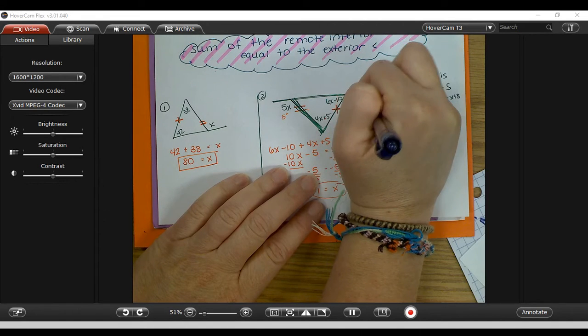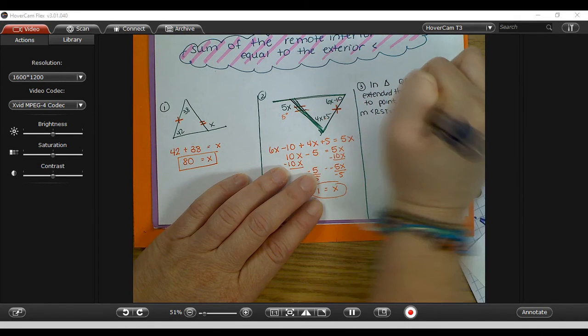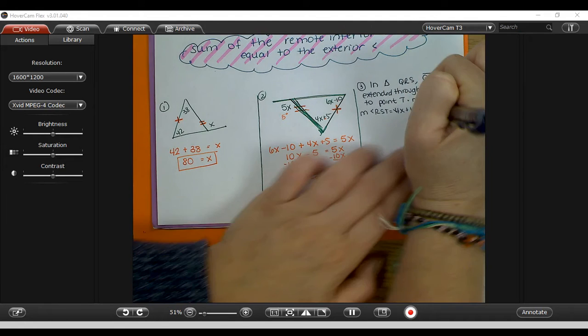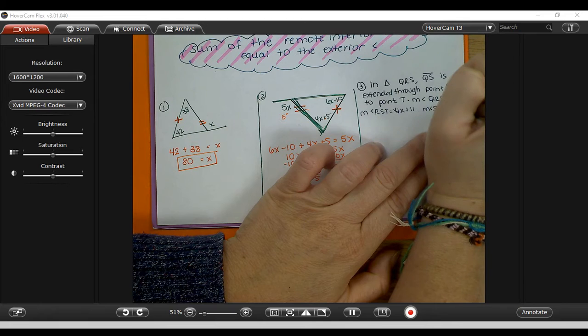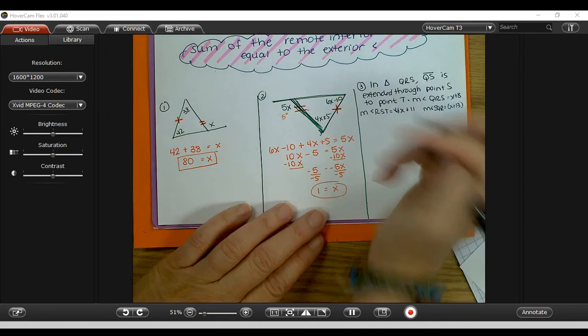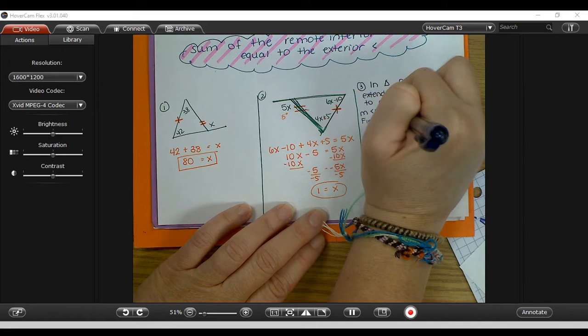The measure of angle RST is 4x plus 11. And the measure of angle SQR is x plus 13. Find the measure of angle RST.